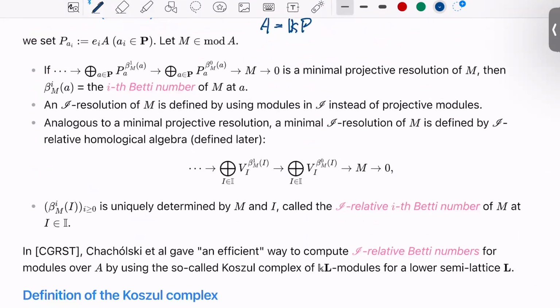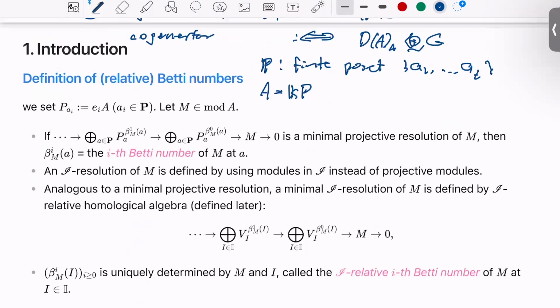Now I want to first review the definition of Betti numbers and relative Betti numbers.